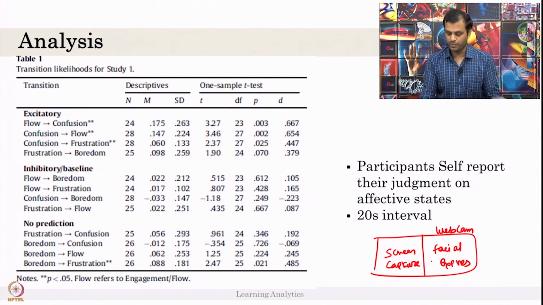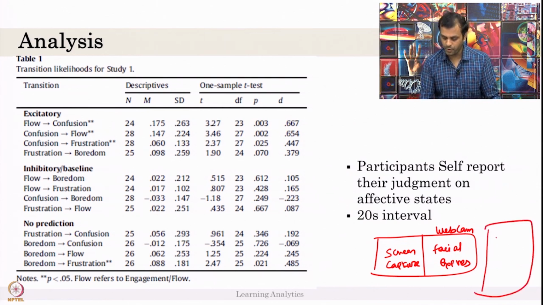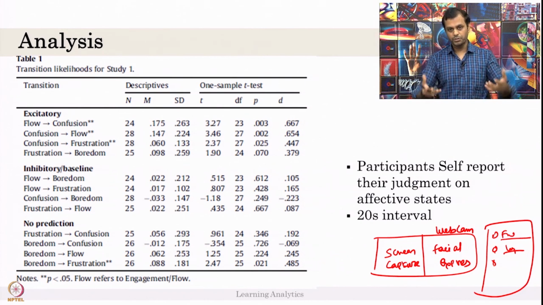There will be a menu bar, and you ask the students to report their emotion, like frustrated, by just selecting the option. You show what the student was doing, the contextual information, and also the facial expression, and ask them to report their own emotions at that particular time. So, self report.